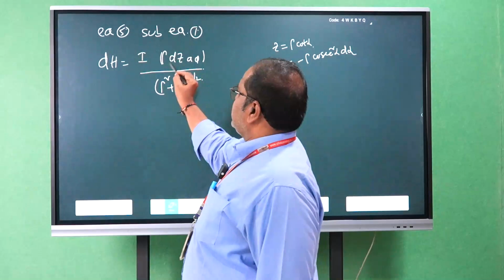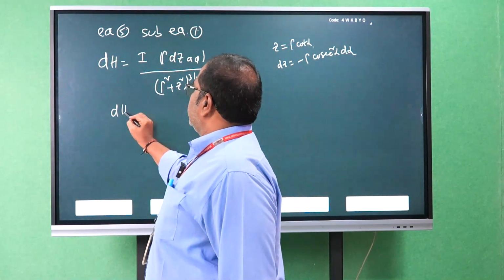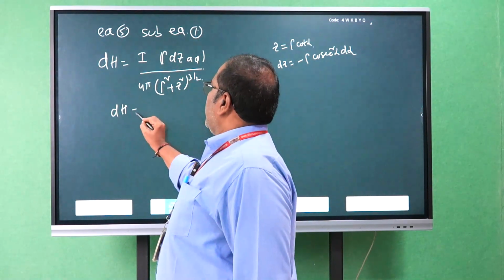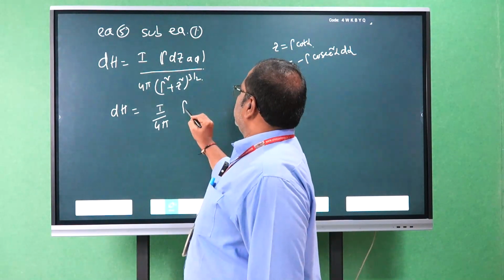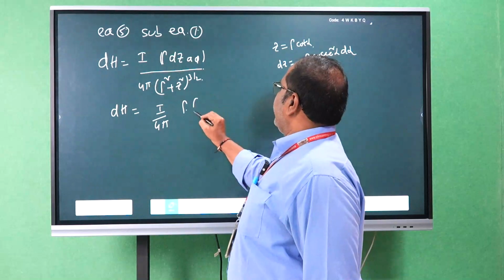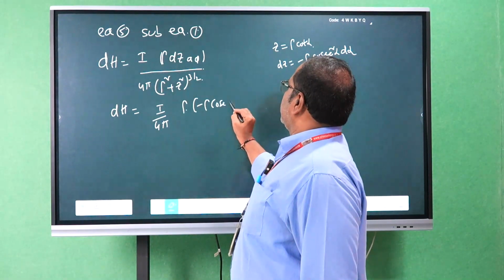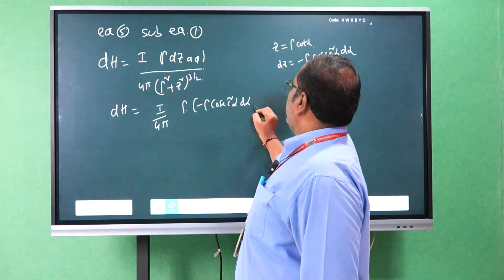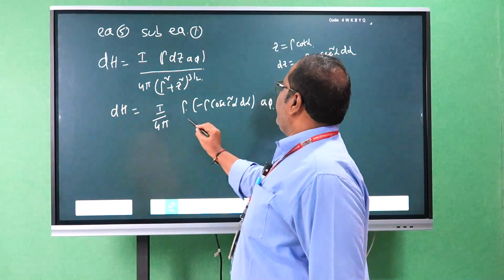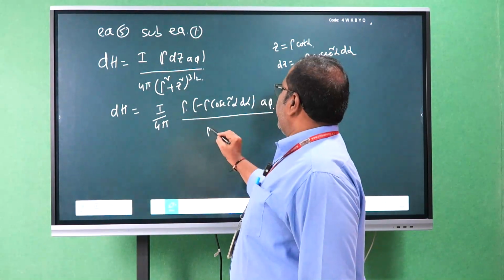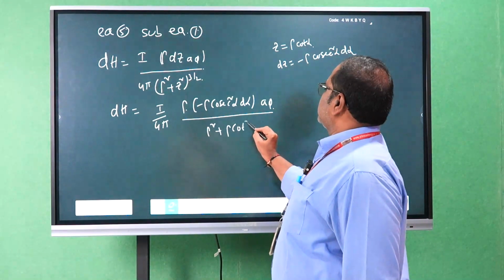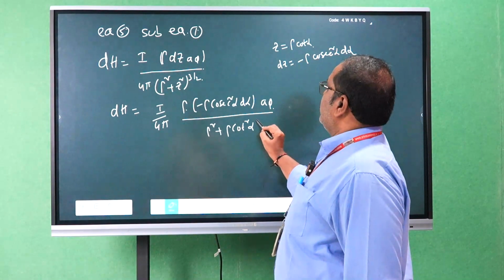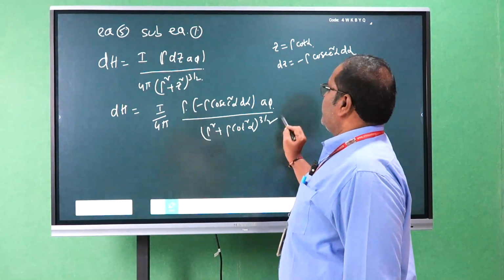Therefore, substitute this equation. dH is equal to I by 4 pi, rho dz, which is minus rho cosecant square alpha d alpha a phi, by rho square plus z square, meaning rho square plus rho square cot square alpha, whole power 3 by 2.